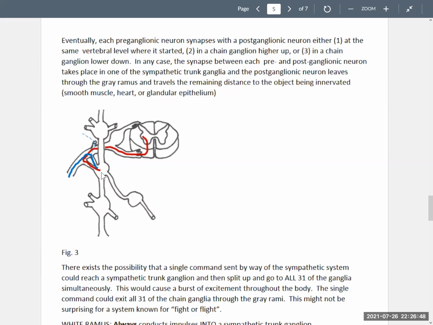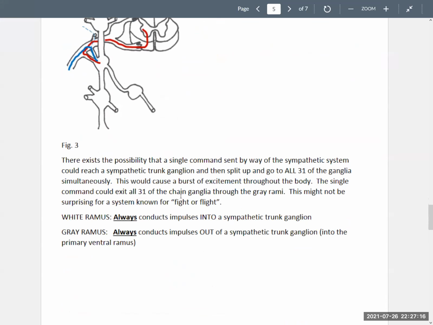So if you came in here, you better synapse here as well so that you can have influence at this level, as well as this level, as well as the level above. So the fact that it does synapse here is a necessary consequence of the fact that we're trying to stimulate several areas at once.